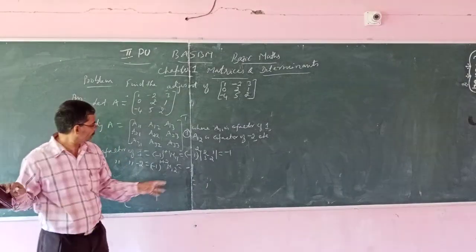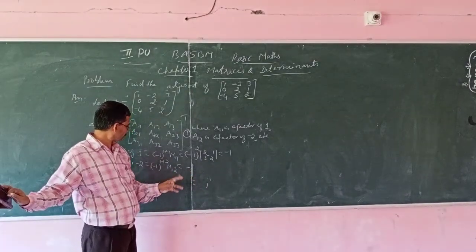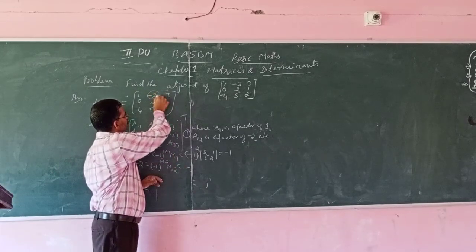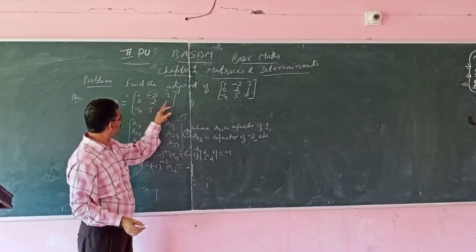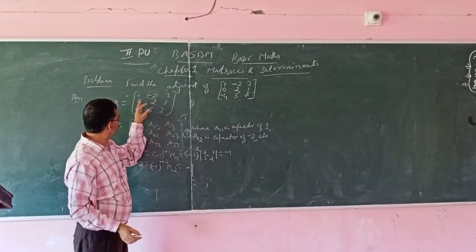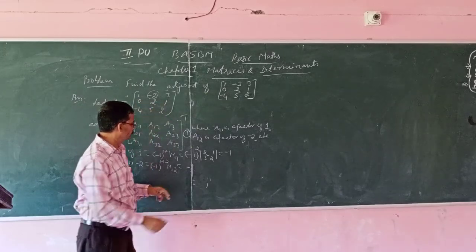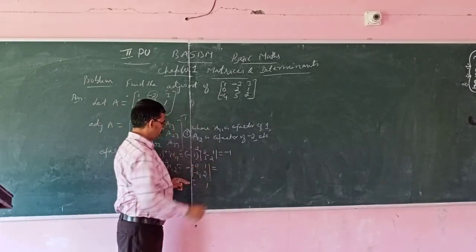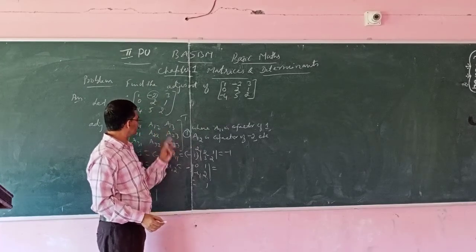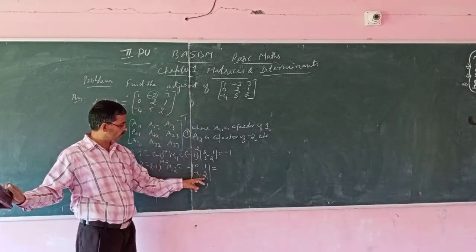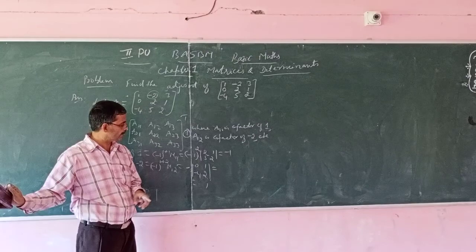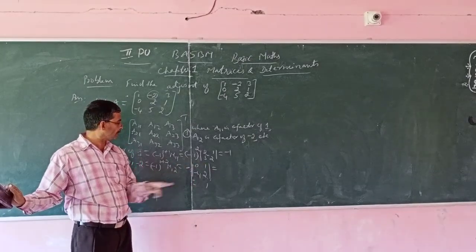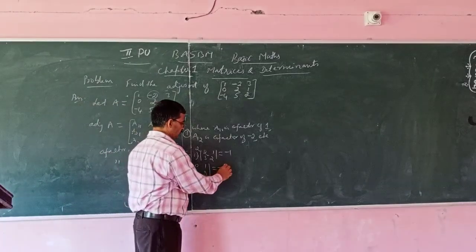Easy to remember. So minus M12. M12 means you consider this element and the remaining is 0 1 minus 4 2. So this is 0 minus minus 4 into 1, which is plus 4. So minus 4, the cofactor is minus 4.